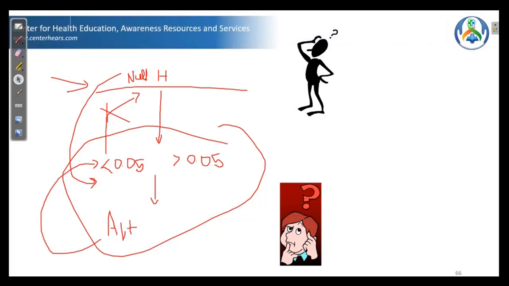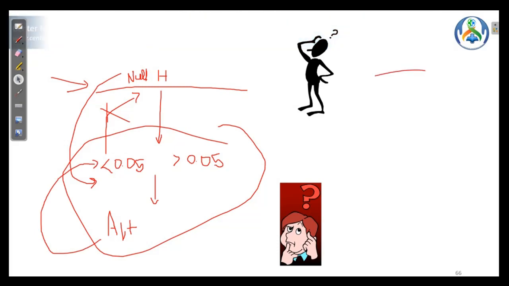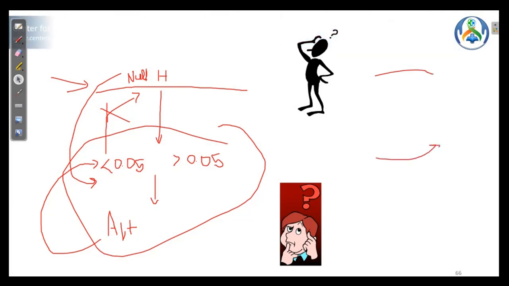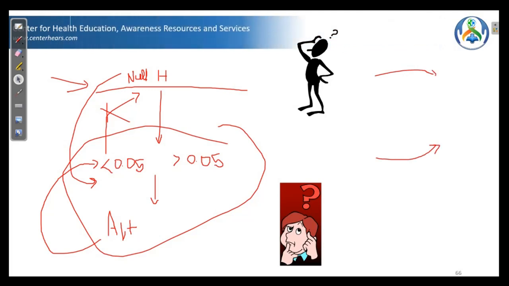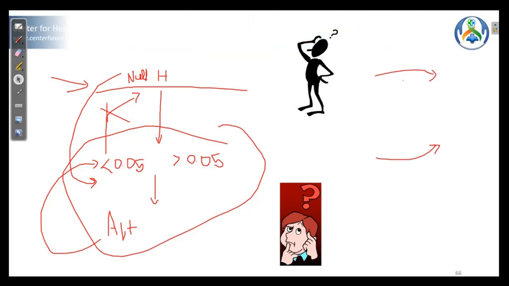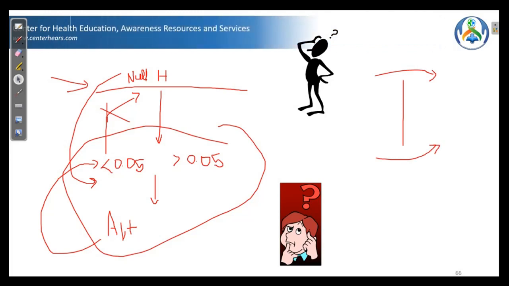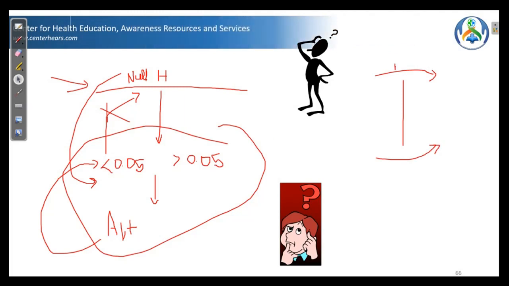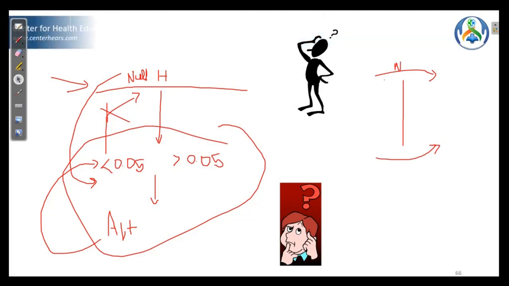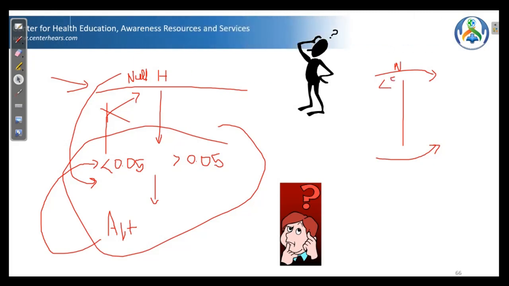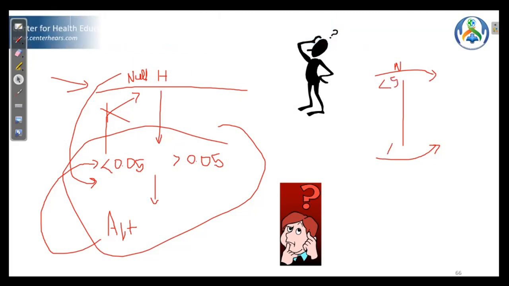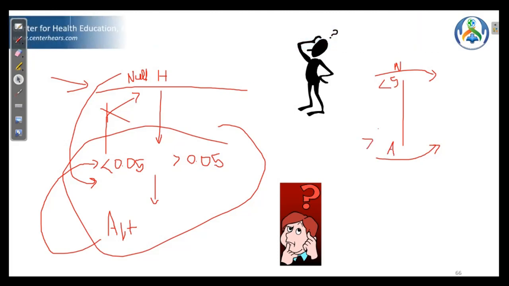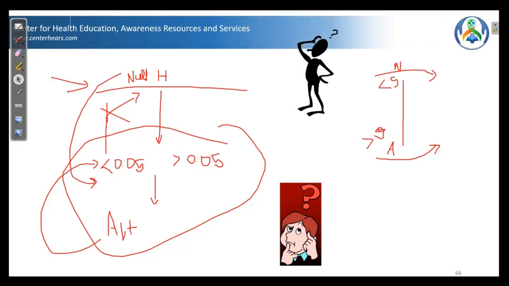Because the null hypothesis will say this will not happen, and the alternate hypothesis will say the opposite, that this will happen. So this will not happen or this will happen, the total should always be 100%. So if the occurrence of the null hypothesis is less than 5%, the alternate should be more than 95%, right?